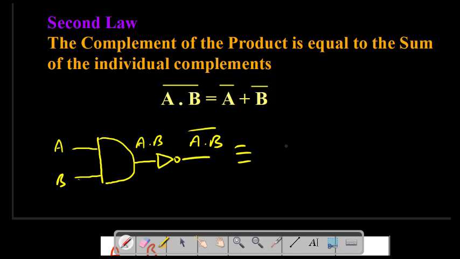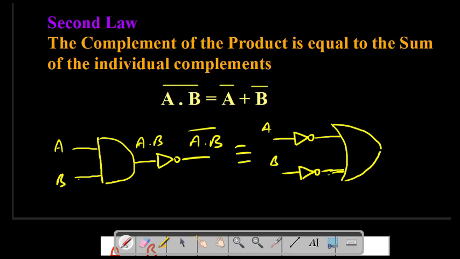So this is equivalent to, first we have to complement the two inputs A and B. This is A, this is B. Then we have to take the OR. So this is the OR. So this becomes A bar or B bar. So these two are equivalent. This is actually A bar and this is B bar.